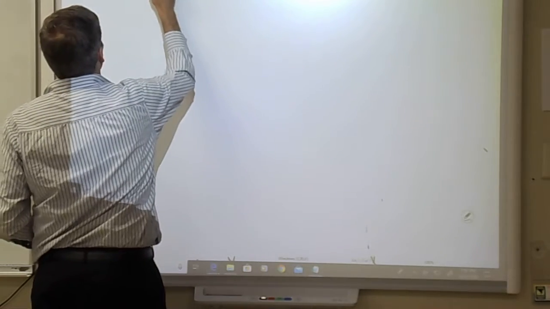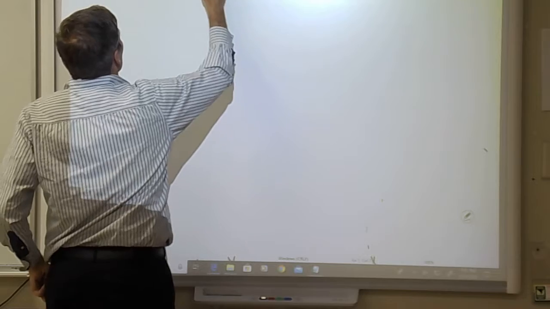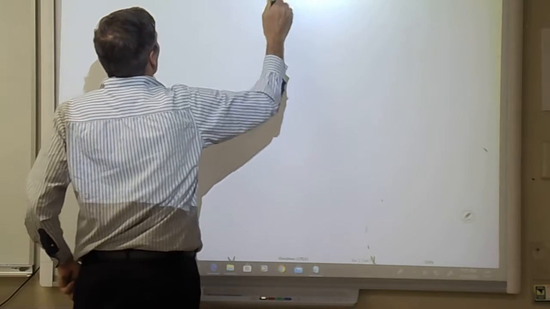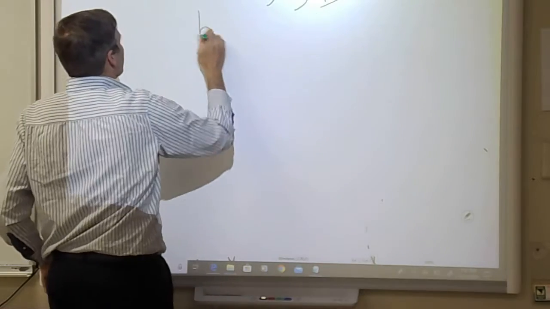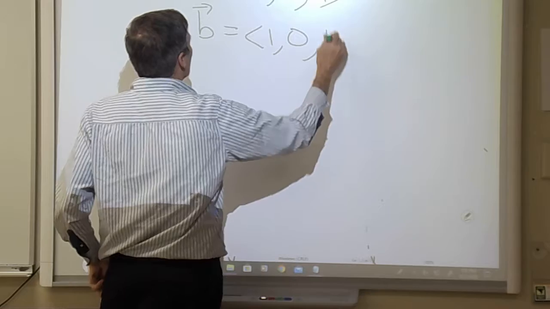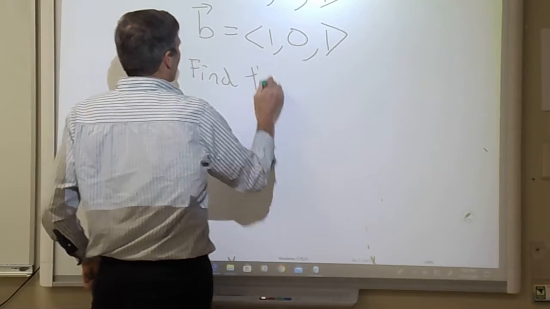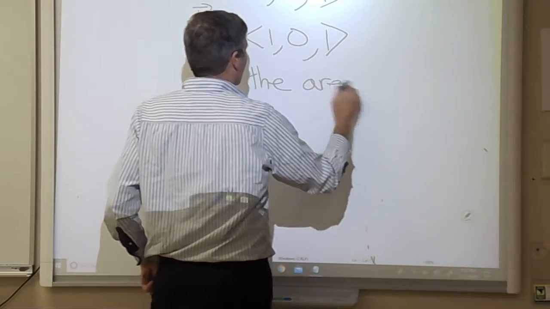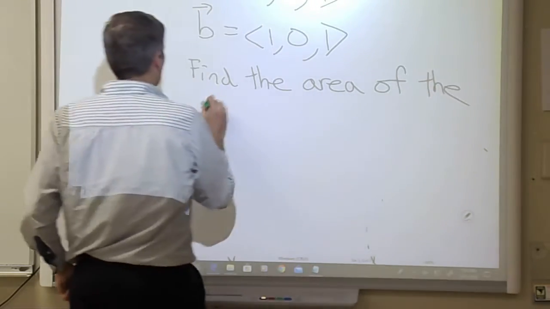Here's an example. Suppose I took the two vectors in three space, A equals 1, minus 2, minus 1, and I took B to be the vector 1, 0, 1. Find the area of the triangle they determined.